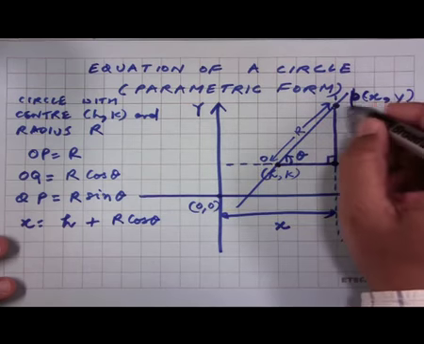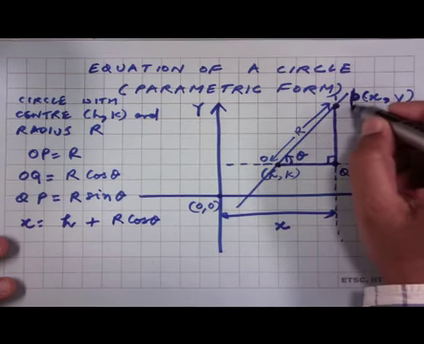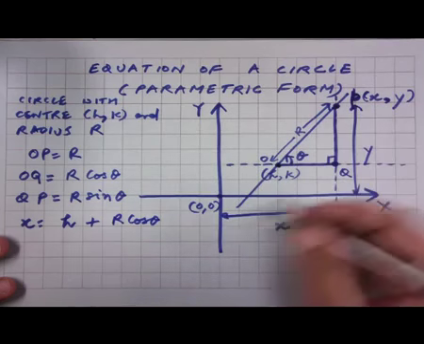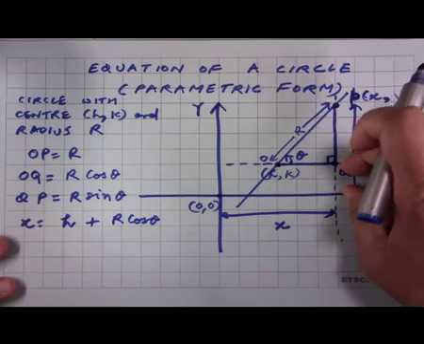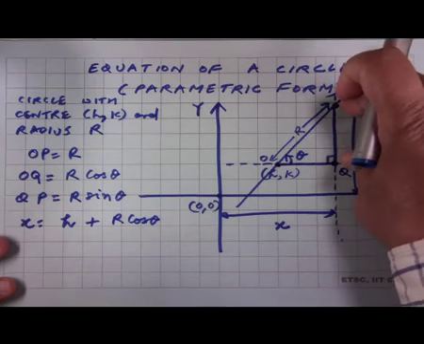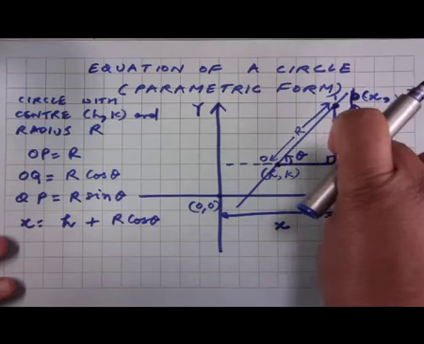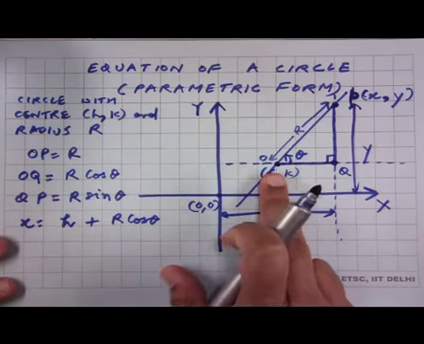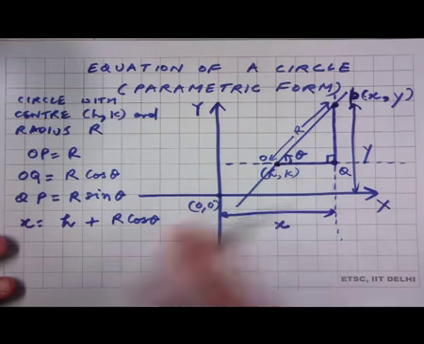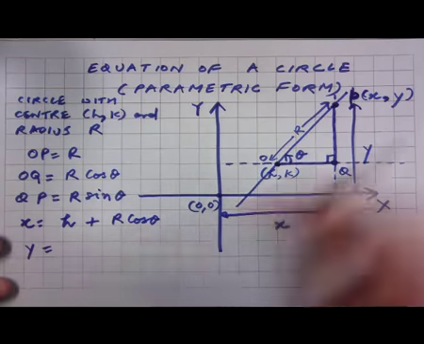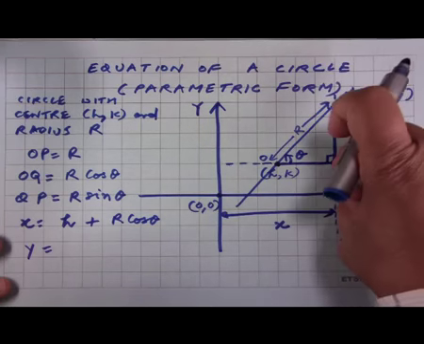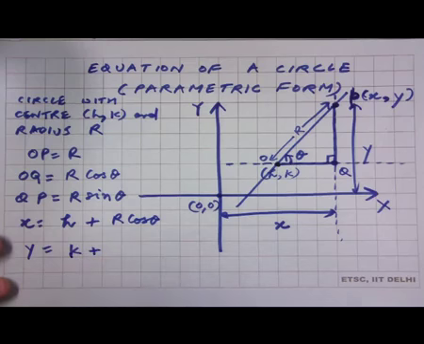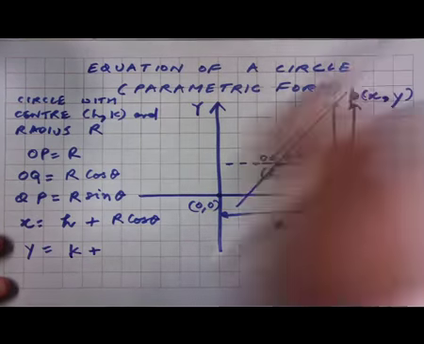Similarly, the y coordinate of this point P, which is this distance here, this is y, is nothing but this plus QP. But this is nothing but equal to the y coordinate of the center O, which is k. So, y is equal to this much, which is k, plus QP, but QP is already r sin theta.